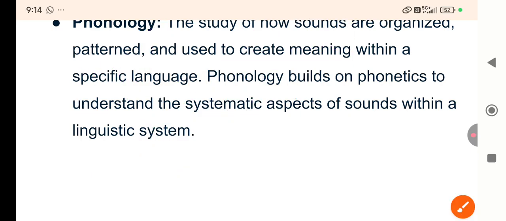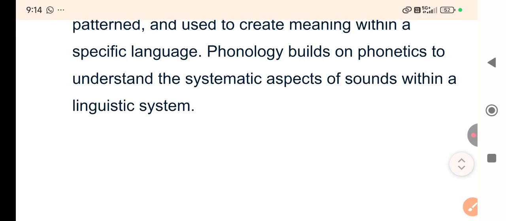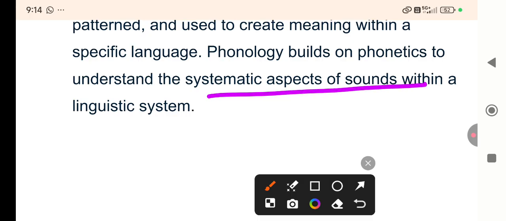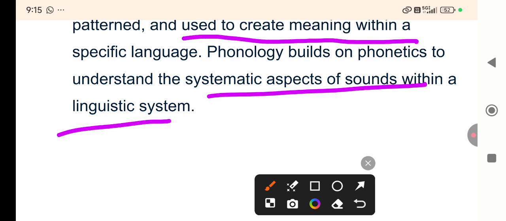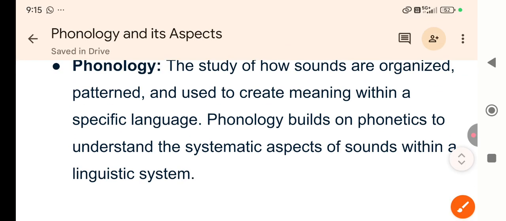So phonology builds on phonetics to understand systematic aspects of sound within a linguistic system, right? Because in a specific language, sound is used to create meaning. So one Punjabi listening to it would understand it properly. This is the study of phonology, right?